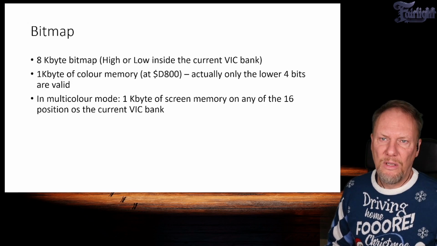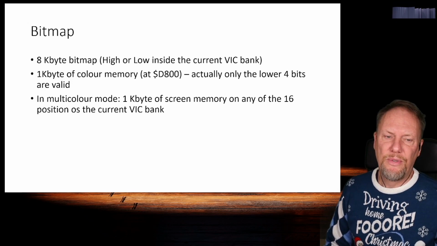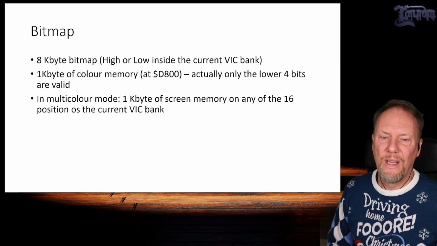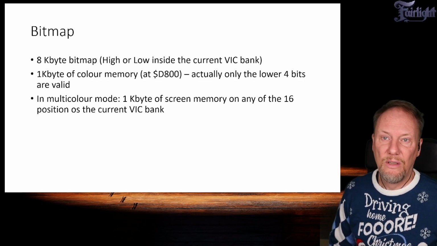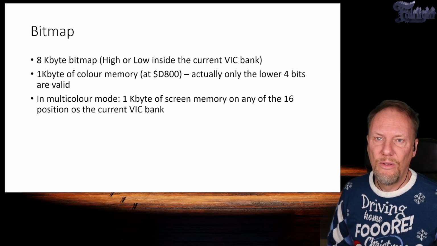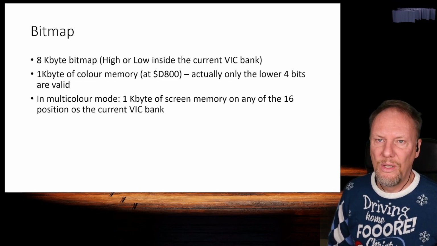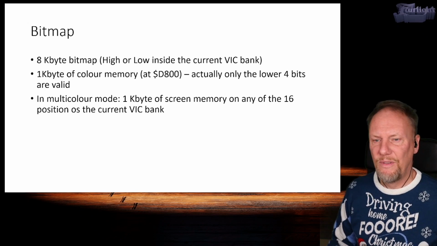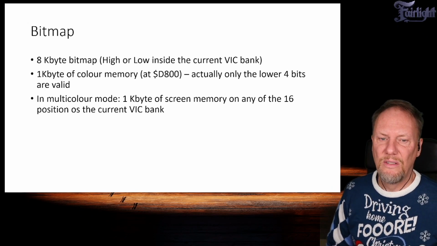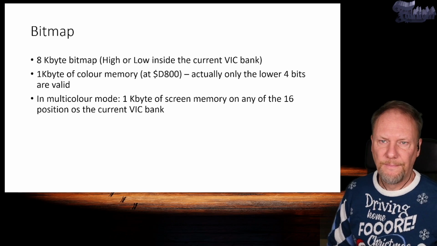And then in multicolor mode, there is also the option of having 1 kilobyte of screen memory, which is the normal screen, and you define it the way you do in character mode. That one can have one of 16 different positions inside the current VIC bank.